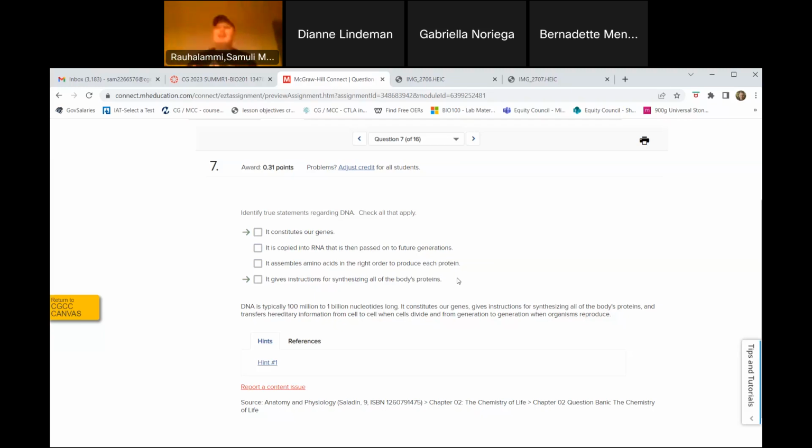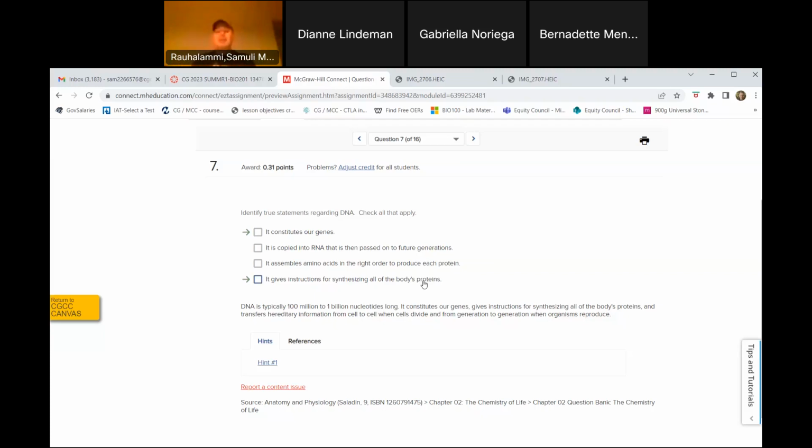The recipe gives us instructions on how to make a particular dish. Similarly, our genes give us instructions on how to make particular proteins or traits, but you never do all of them at the same time. You choose what's needed. So DNA gives instructions for synthesizing the body's proteins.